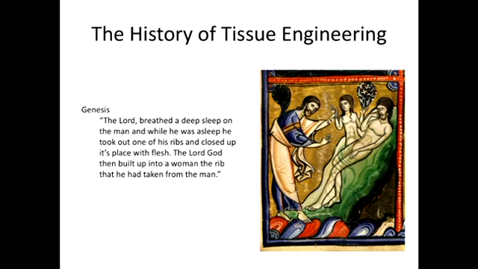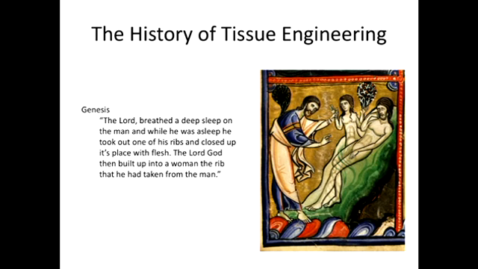So if we have a look into the Bible, and here's a lovely plate of a description in the Bible, one of the first mentions of tissue engineering really happened here in Genesis. And this was where God came, and there was Adam, and he took part of Adam's rib and he made Eve. And in my mind, that's the first evidence of tissue engineering.